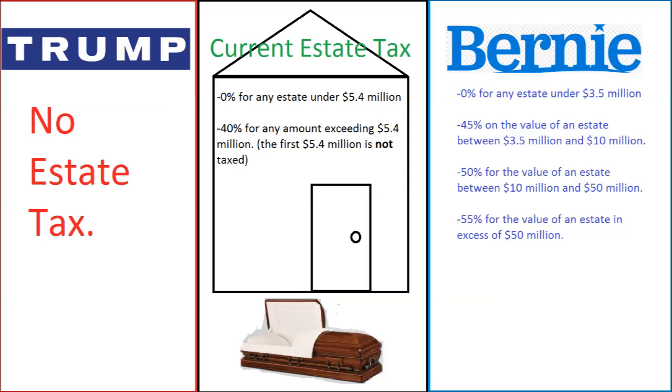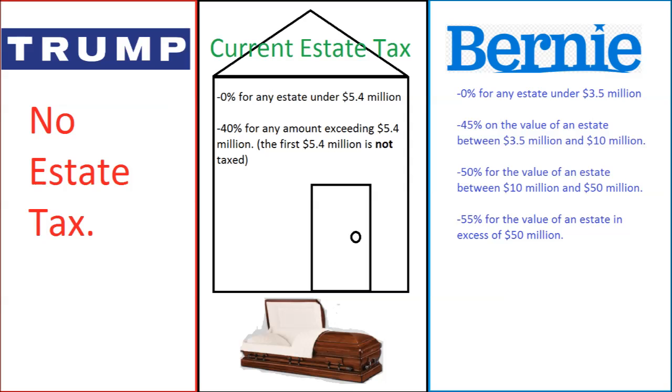And according to his website, with that lowered number, still 99.7% of Americans would not be paying an estate tax ever in their lives. He wants there to be a 45% estate tax for any value between $3.5 and $10 million, 50% tax for $10 million to $50 million, and 55% for any estate in excess of $50 million.